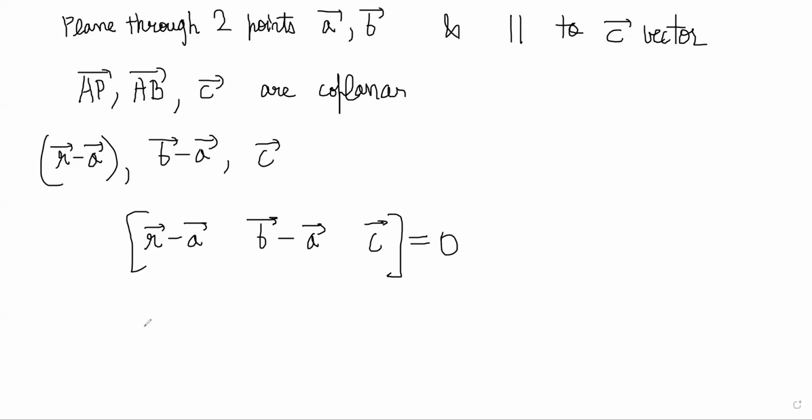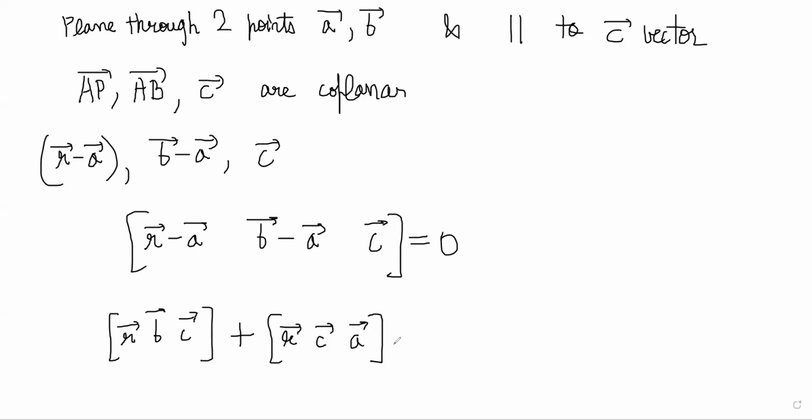And this will become finally, after simplification, RBC box product plus RCA box product is equal to ABC box product. This is what you will finally end up getting. So the ideas for all of these are similar. So you should not be too confused by these things, right?